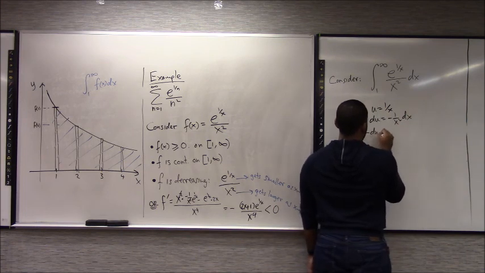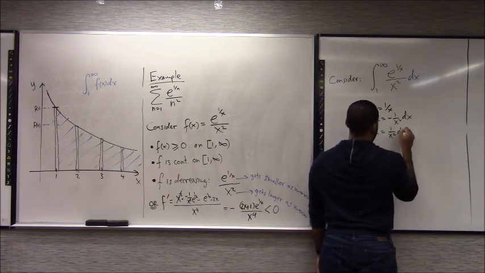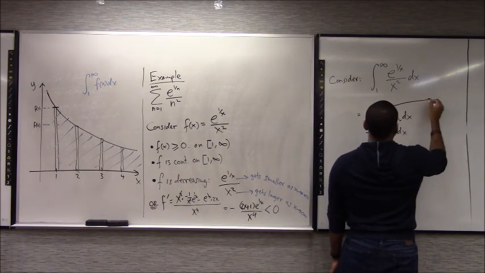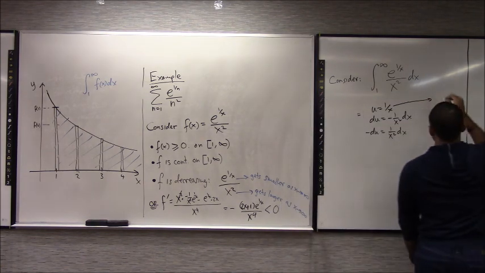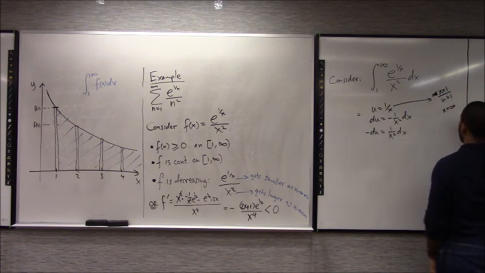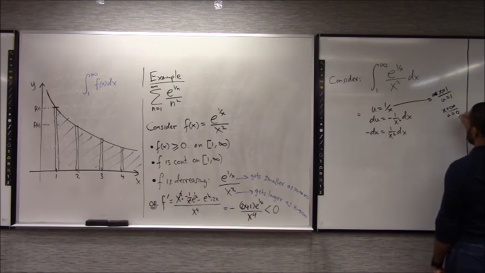So minus du is going to be 1 over x squared dx. And of course, u equals 1 over x means if x equals 1, your u is going to equal 1, and if x equals infinity, quote unquote, your u is going to be 0.